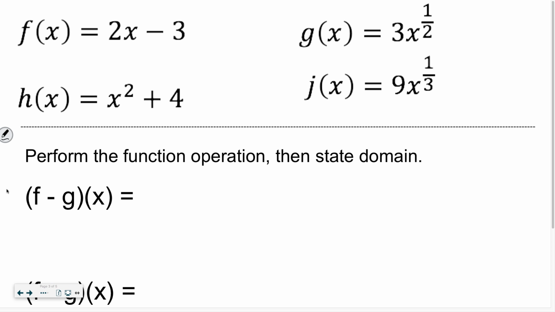Let's just do f minus g of x. So f minus g of x, we're going to do 2x minus 3 minus g of x, which is 3x to the 1/2.